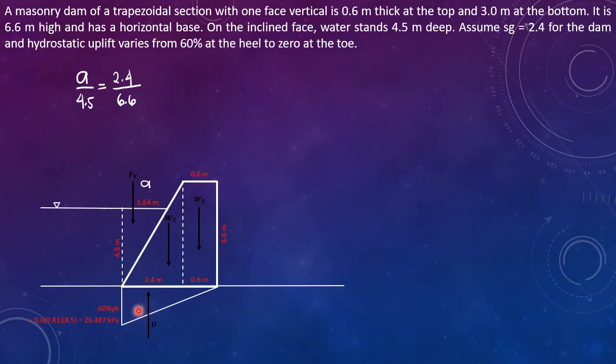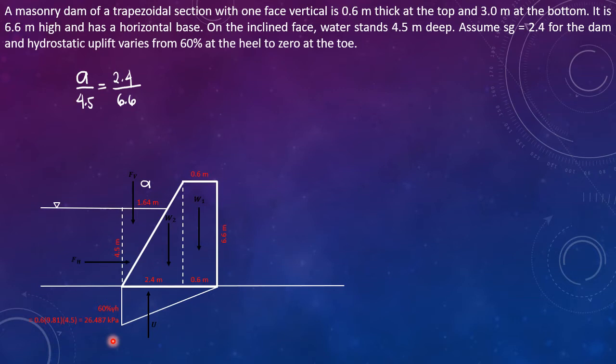So we have 0.6 times gamma of water, 9.81. Our h is the height from the bottom of the dam until the water surface, which is 4.5. So the altitude of the triangular pressure diagram is 26.487 kilopascals. Those are the vertical forces acting on the dam.